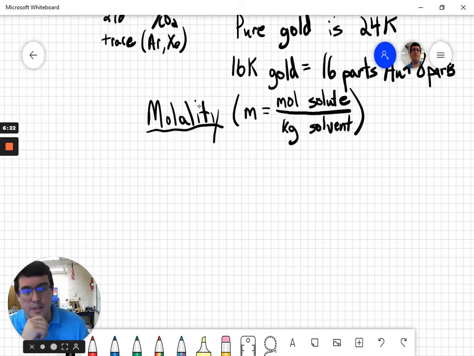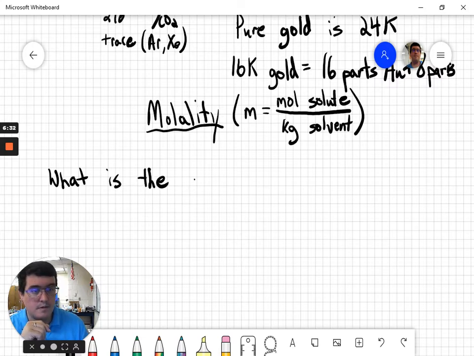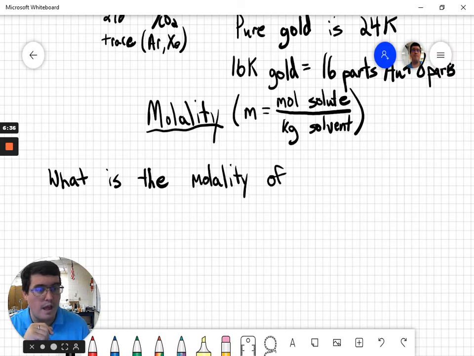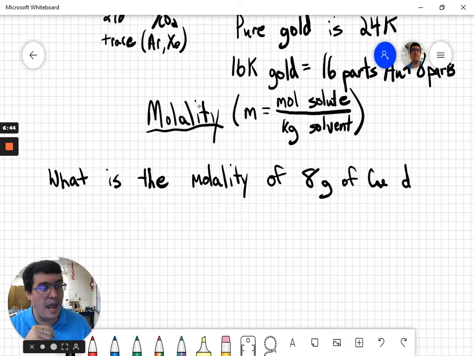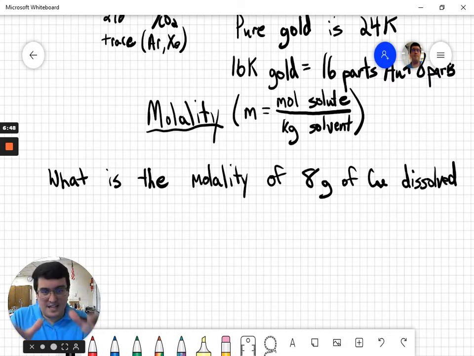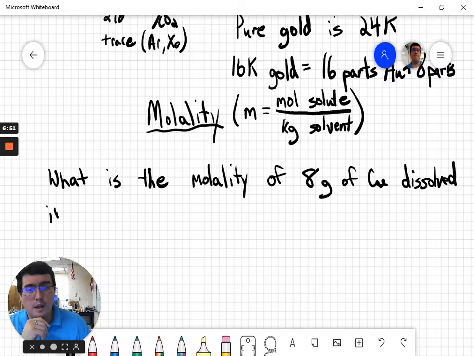If I want to make 16 karat gold, what I can do is take 8 grams of copper, melt that down and dissolve it, that is, add it to 16 grams of gold.